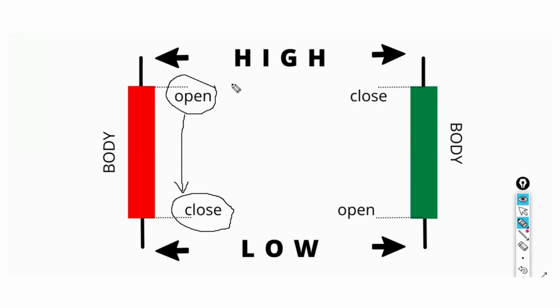For example, the opening price is 100. The closing price is 97. So this is a bearish candle, and this is known as a wick.